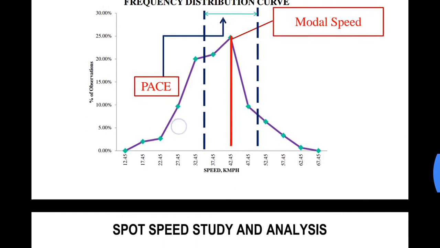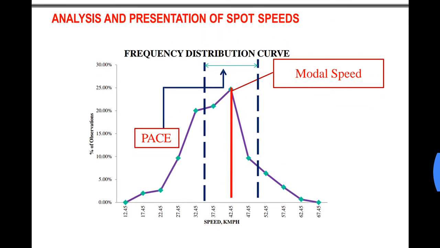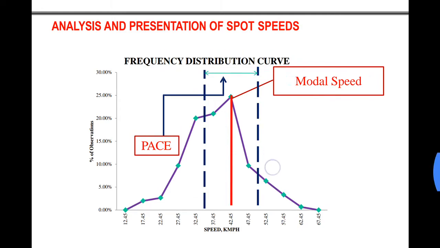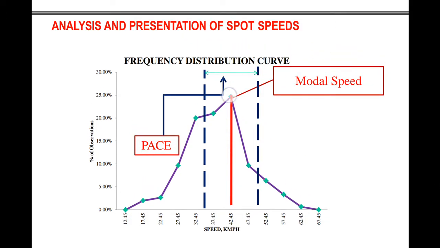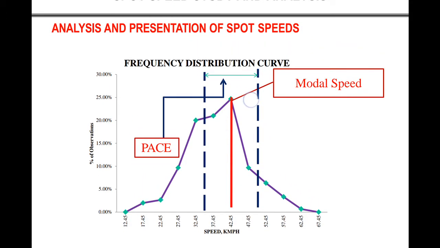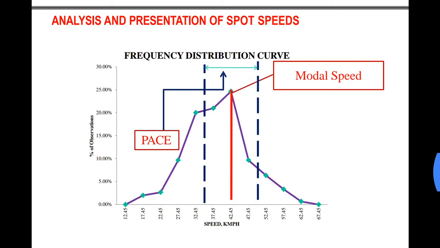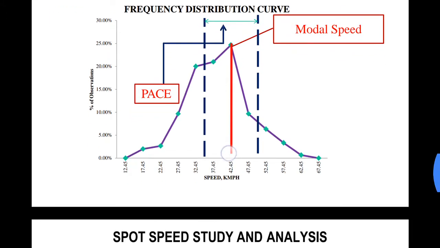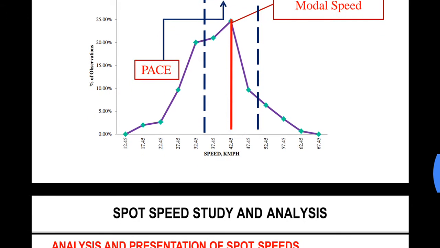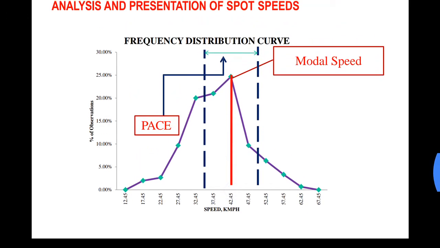So we have this curve. From this curve we can find the modal speed. The peak of this curve is at this point. When you drop a perpendicular downwards, you get this speed, that is 44.45 kmph. This is nothing but the modal speed.